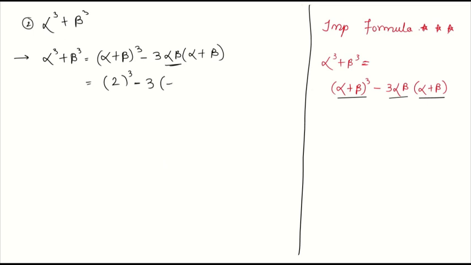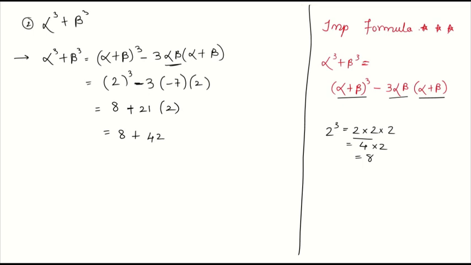3 into minus 7 into alpha plus beta, which is again 2. What is 2 cube? 2 cube is 2 into 2 into 2, which is 4 into 2, equal to 8. So 2 cube is 8 minus 3 into minus 7; minus into minus is plus, 3 into 7 is 21, into 2 is 42. So 8 plus 42 is 50.